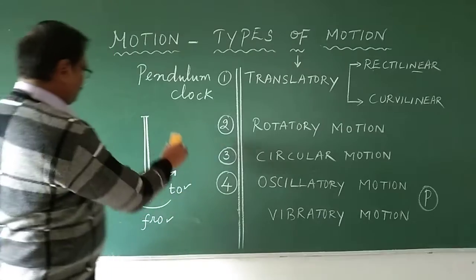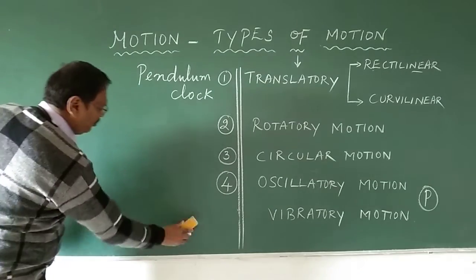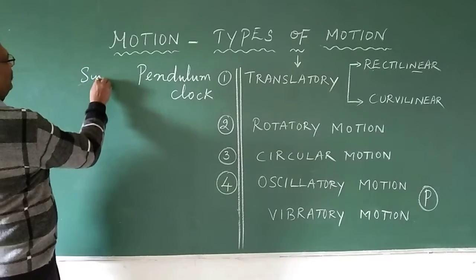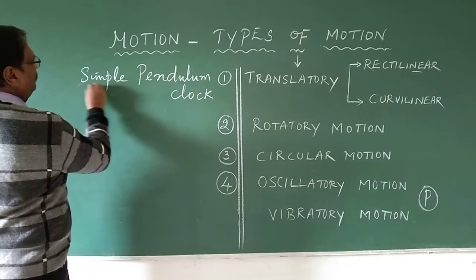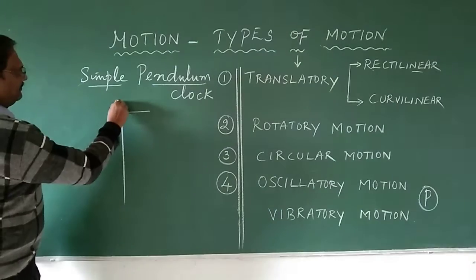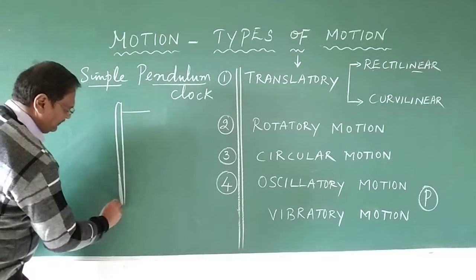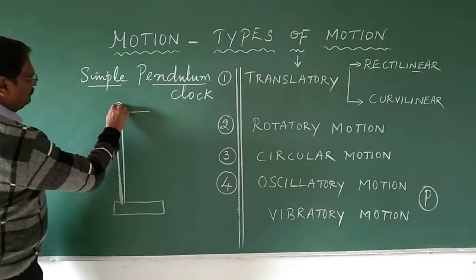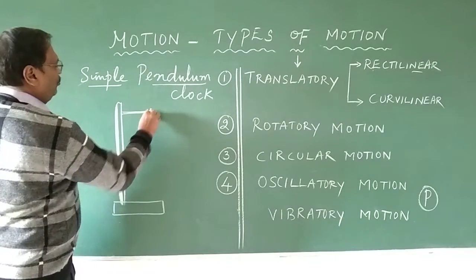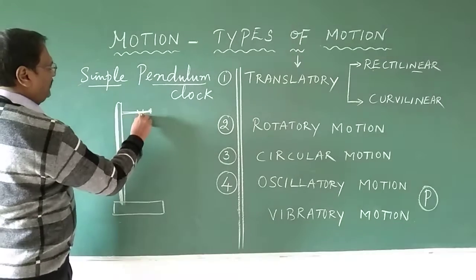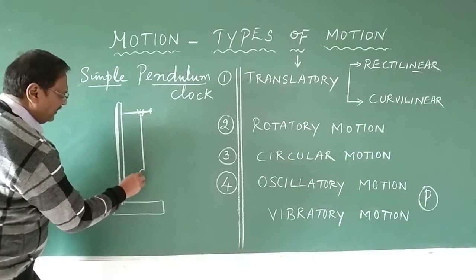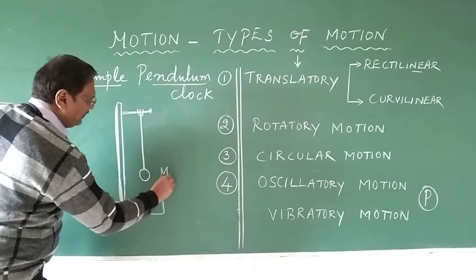In the physics lab, we have something called a simple pendulum. In the simple pendulum, you will have a stand like this, and a clamp like this, and from here there will be a cork, and a thread will be put, and there will be a metal bob.